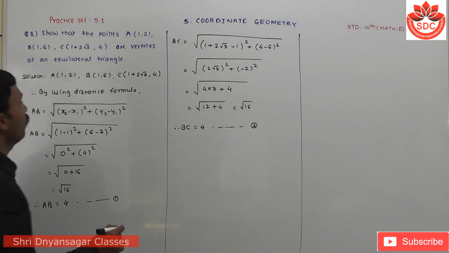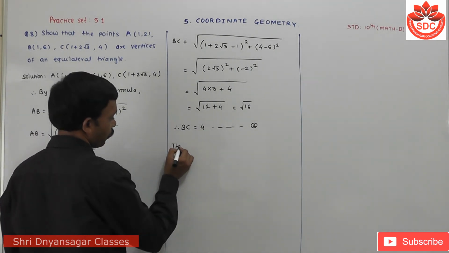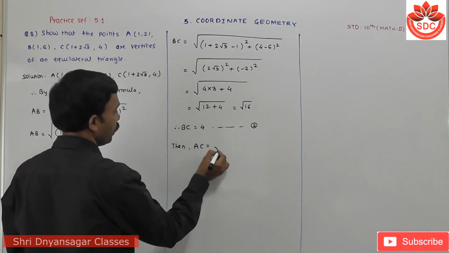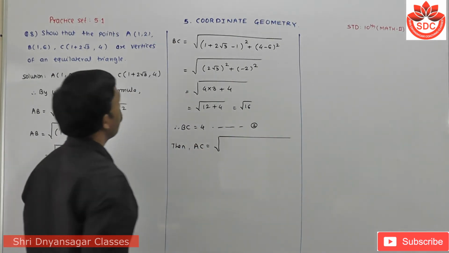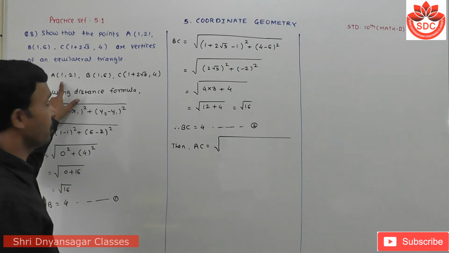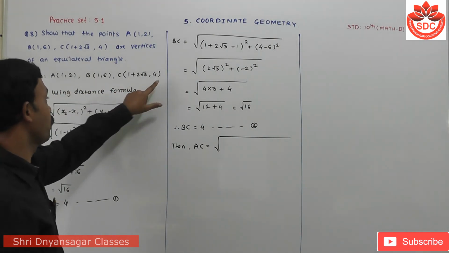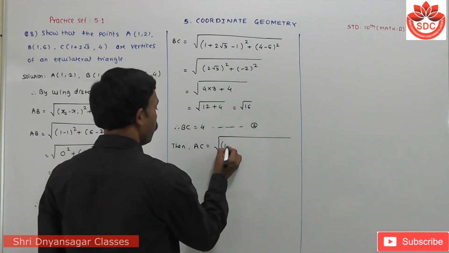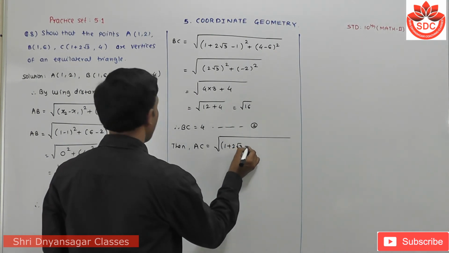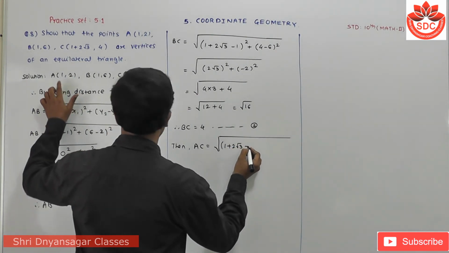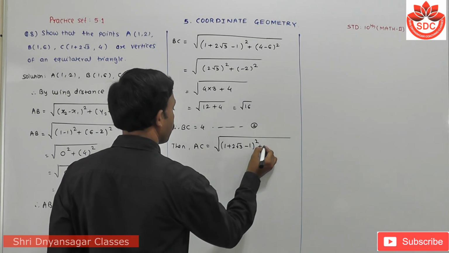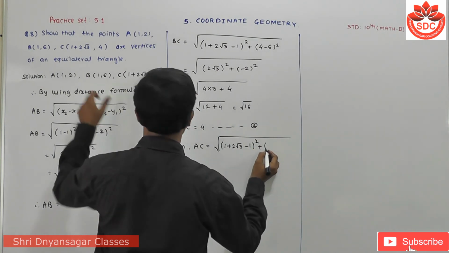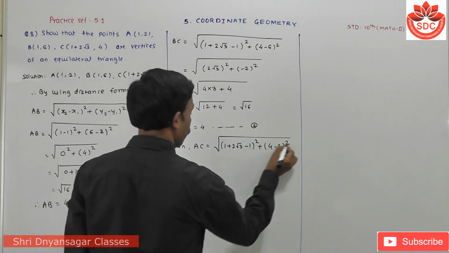Then I have to find out the value of AC. AC is equal to, again we use the distance formula. For this A is x1, y1 and this is x2, y2. So again I have to write here (1 plus 2 root 3 minus 1) bracket square plus (4 minus 2) bracket square.